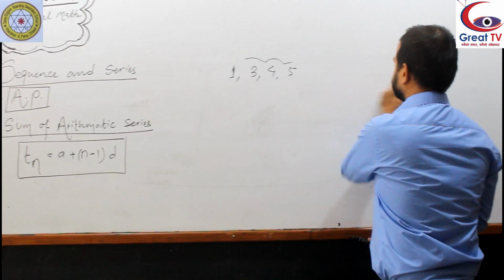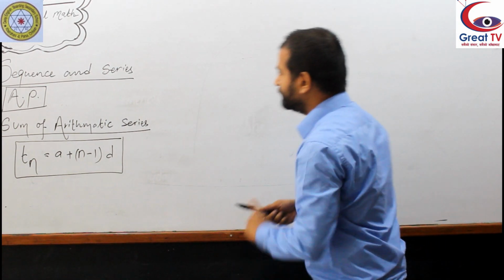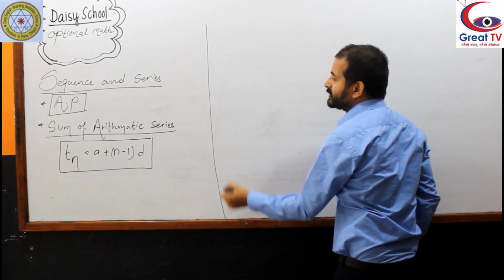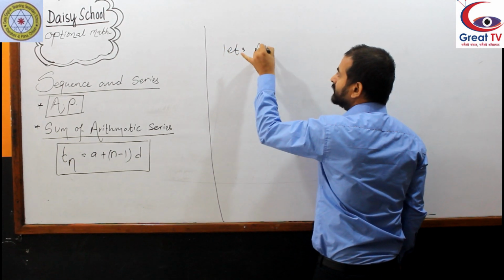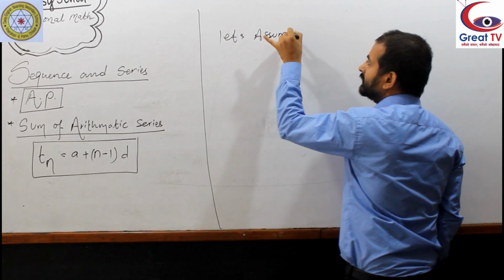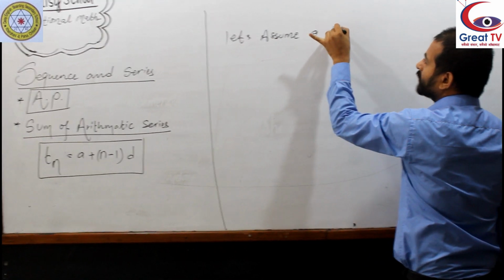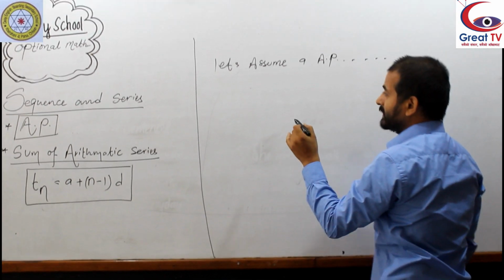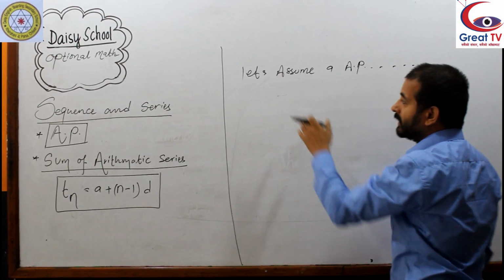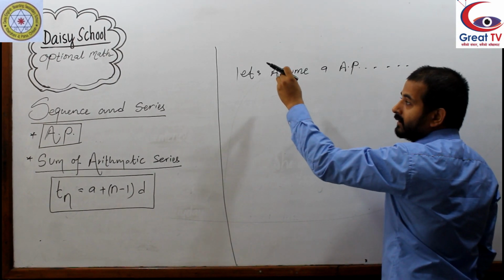So look here. Now, let's assume an arithmetic progression in a general form. General form means here we have to put general symbols.